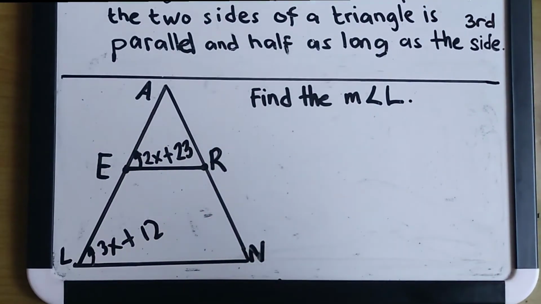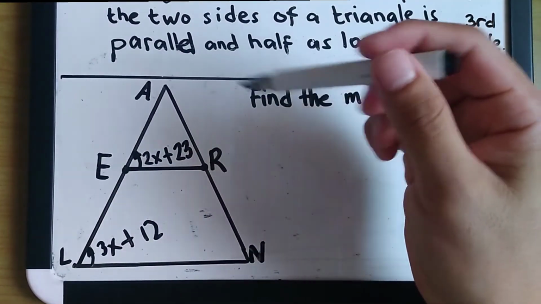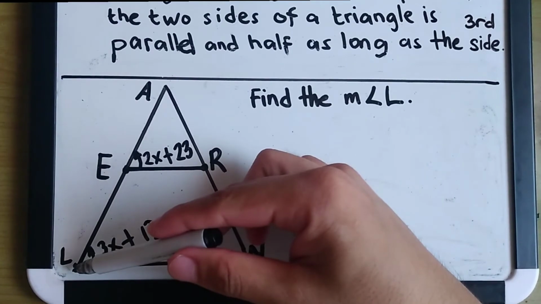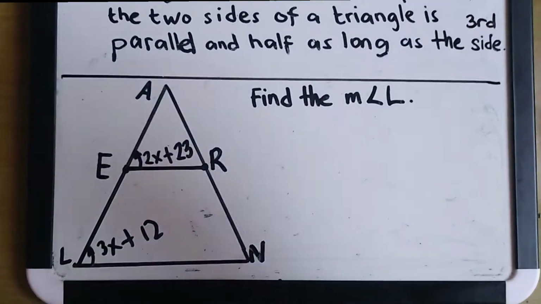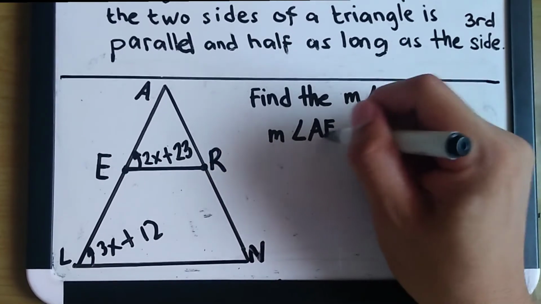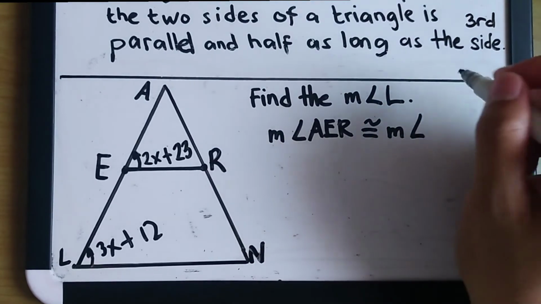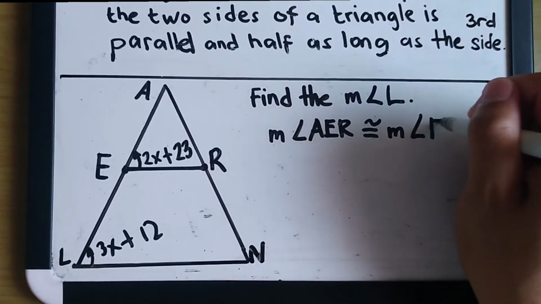Why? Because line segment or mid segment AR is parallel to the third side LN. So we now have the measure of angle AER is congruent to the measure of angle ELN.